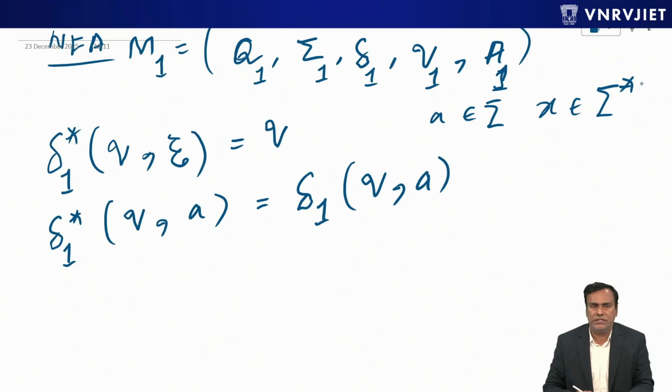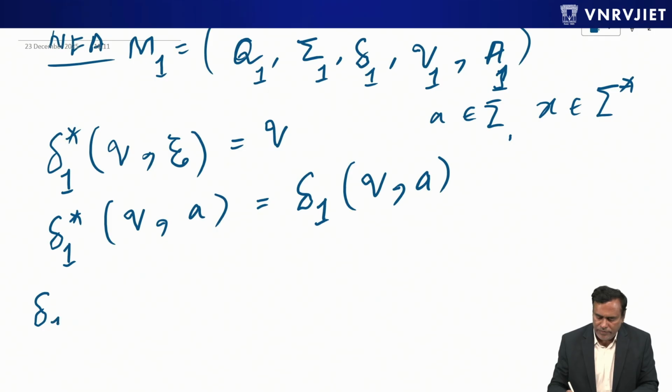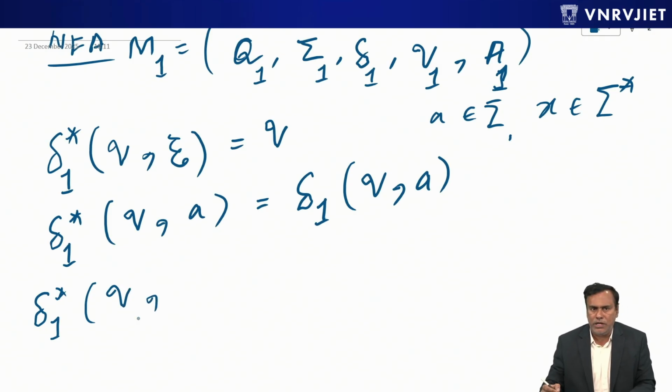Just now we saw that for A belongs to sigma, delta 1 star of Q A equals delta 1 of Q A, being one input symbol. So if you have delta 1 star of some state Q, where Q belongs to Q1, a set of states, delta 1 star of Q X A can be stated as follows.